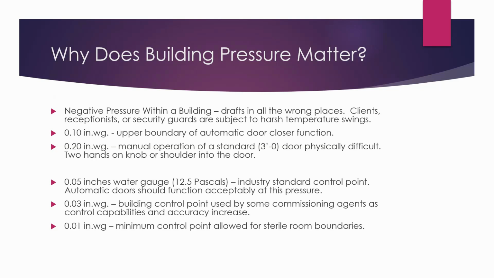These days, commissioning agents are often setting 0.03 inches as the building static pressure control point, as the accuracy of our controllers increases. Just for reference, 1/100th of an inch is the minimum control point allowed for sterile room boundaries like sterilization or compounding labs and things of that nature.